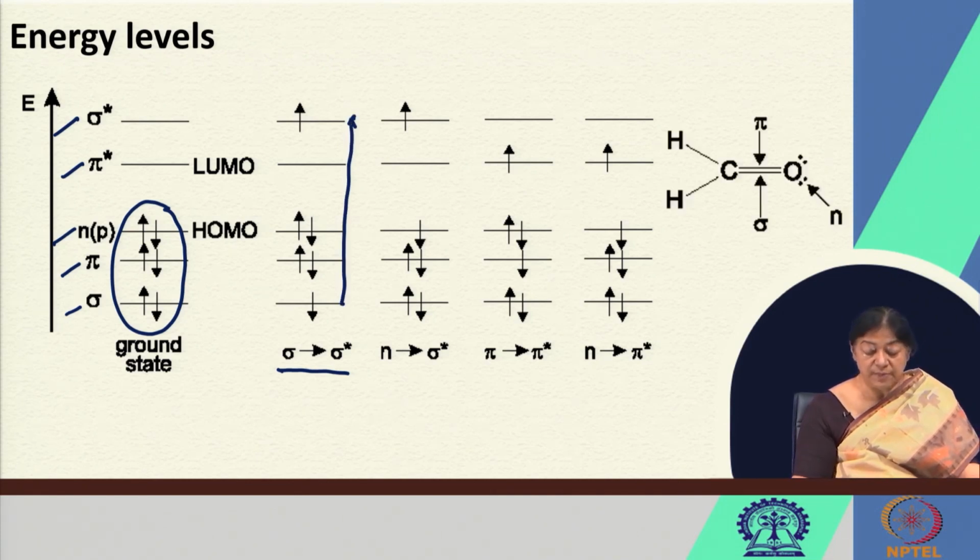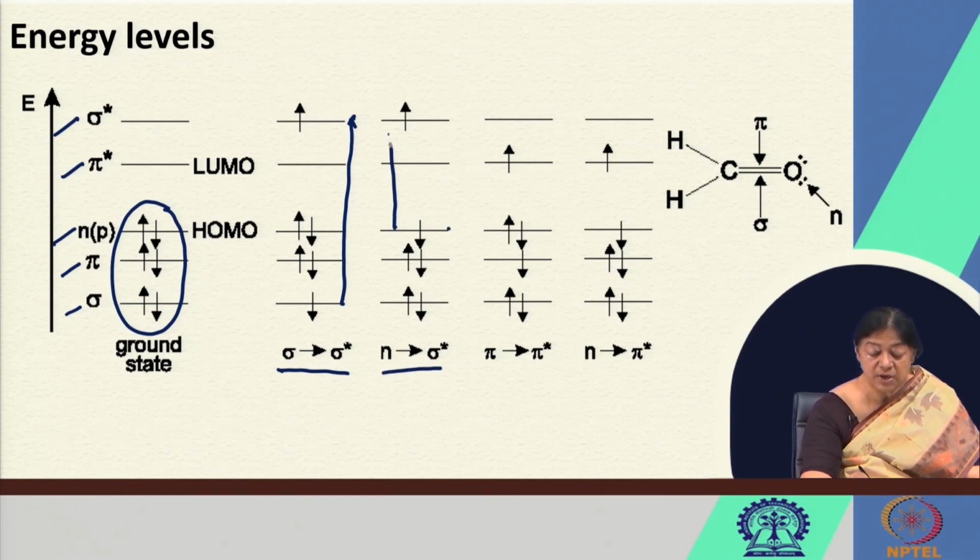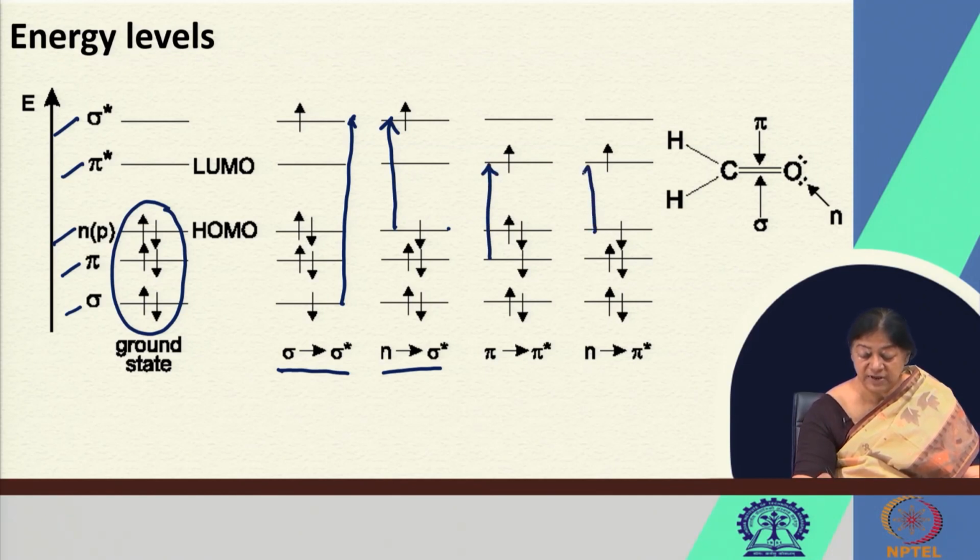Similarly, when we go from n to sigma star, so these are the electrons we are talking about, the transitions that we are going to talk about. We are going from n to sigma star, that means we are losing one from this particular point and we are going up to sigma star. Here we are going from pi to pi star, so this is the value. Here we are going from n to pi star, which means this is the value.